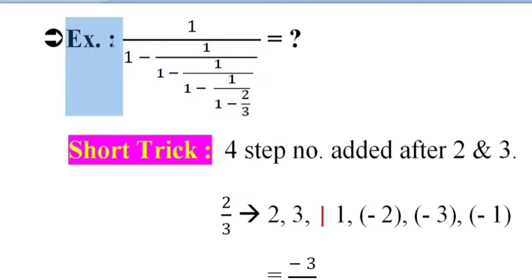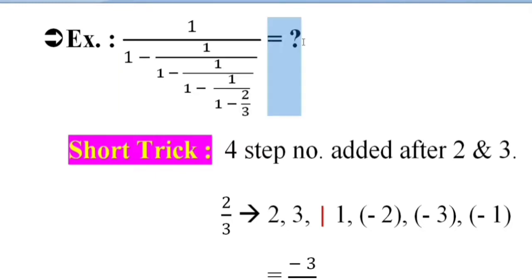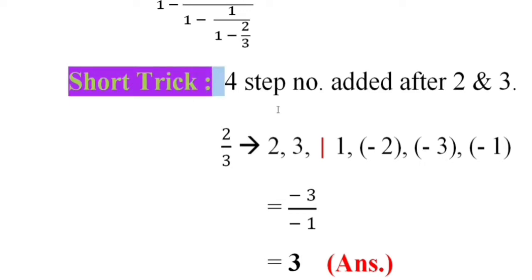Example: 1 by 1 minus this problem equals what? Short trick: 4-step numbers added after 2 and 3. 2 by 3, write 2, 3. And 3 minus 2 equals 1.